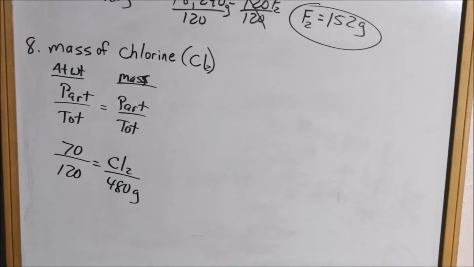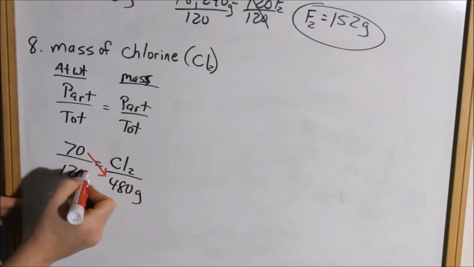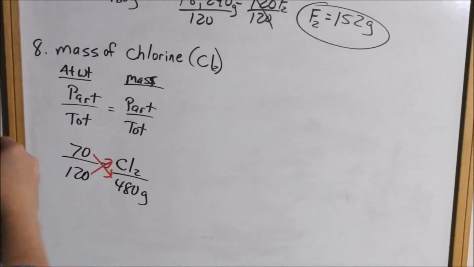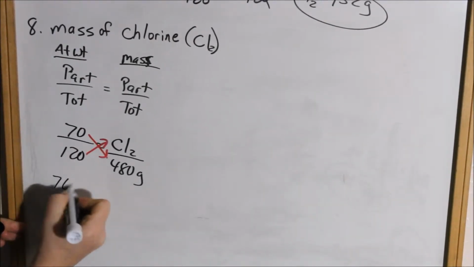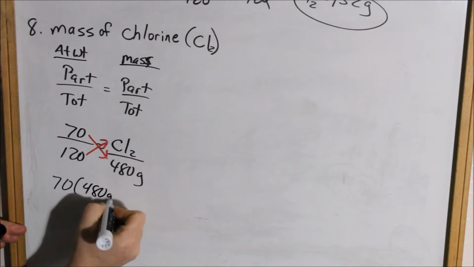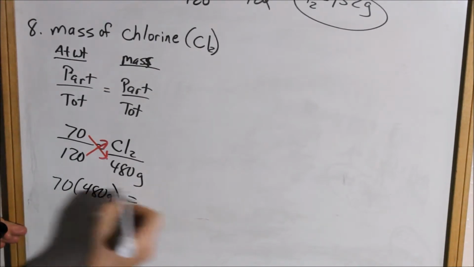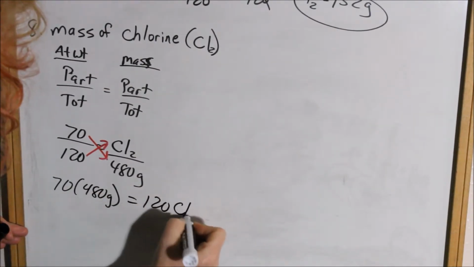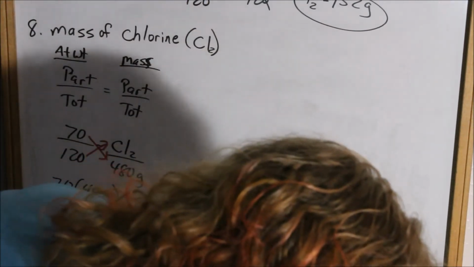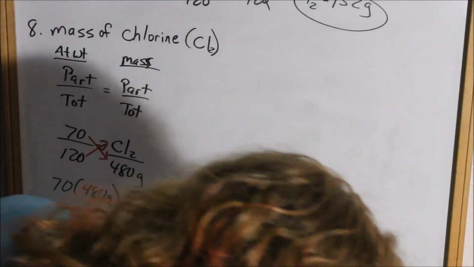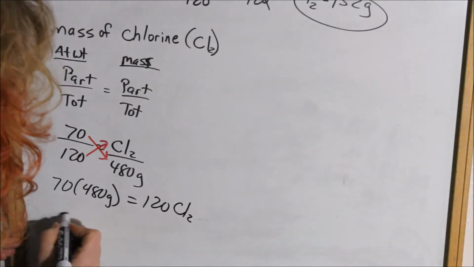Okay, now we can cross multiply to solve. So we have 70 times 480 grams on one side of the equal sign, and then 120 chlorine on the other side. So 70 times 480 is 33,600.